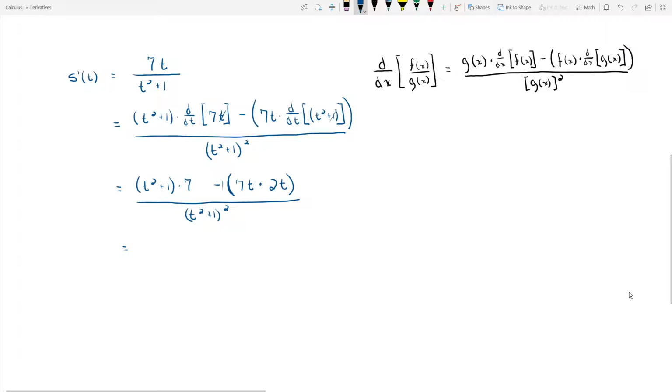Now we can carry this 7 through to each term, and we're going to end up with 7t squared plus 7. And I no longer need parentheses.